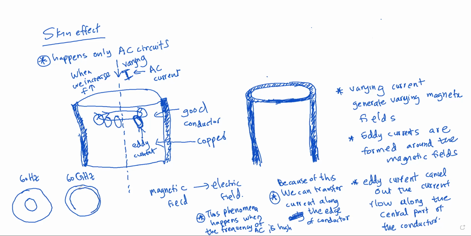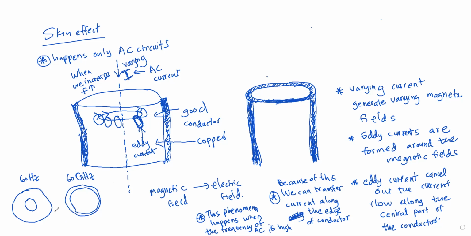Because of that, we are losing a lot of material and resources once we are sending current in this manner. So as a solution, we use only very low cross-sectional area wires, and then use multiple of such wires in the cable, right?